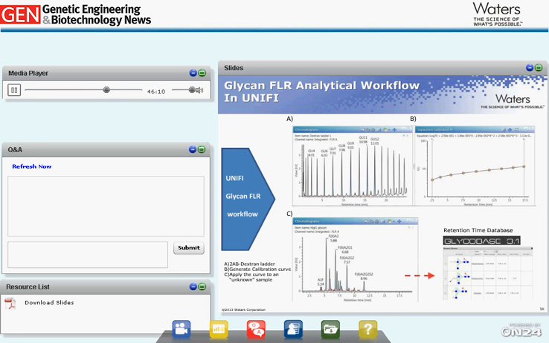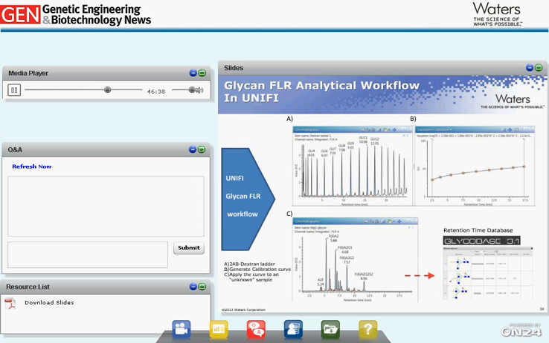Once you get the GU value for each peak component of your unknown sample, you can then go outside UNIFI for now to search in Glycobase 3.0. You can search the GU value, and it will give you a tentative assignment, a list of possibilities. If you combine with exoglycosidase digestions, then you can really get full structure characterization of the glycan.